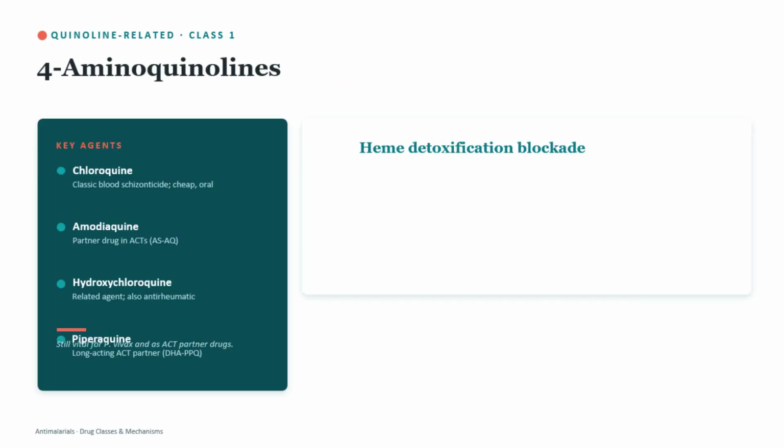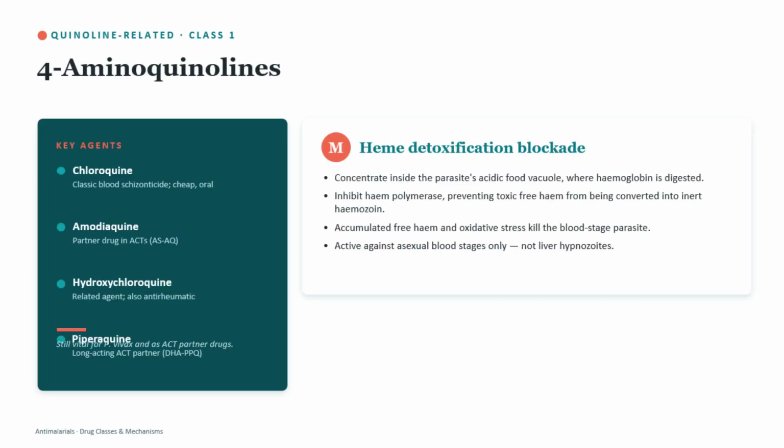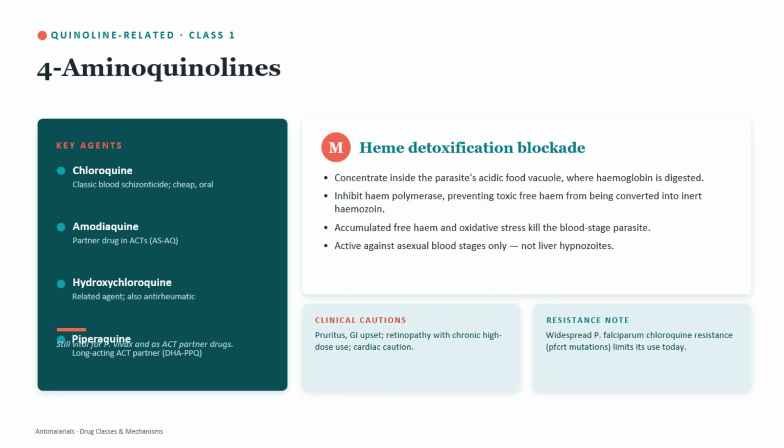Let me take you into the first class, the 4-aminoquinolines, and the prototype here is chloroquine. Here's how I want you to picture the mechanism. The drug concentrates in the acidic food vacuole and blocks the conversion of toxic free heme into inert haemozoin, and that build up of free heme kills the blood stage parasite.